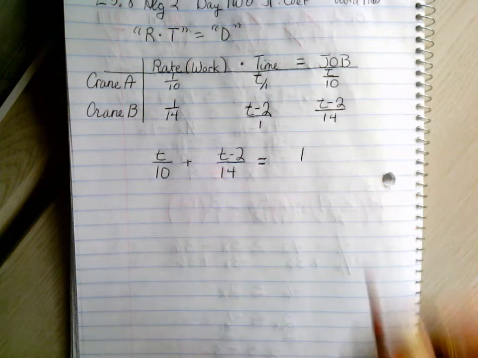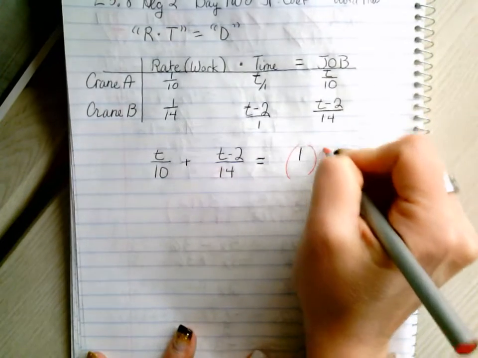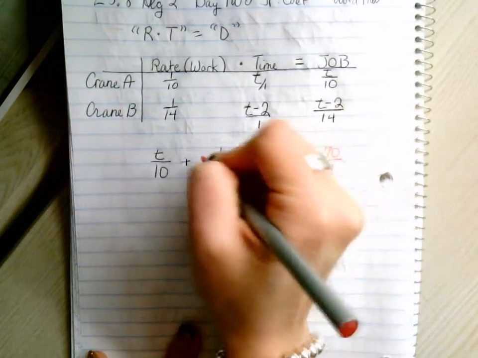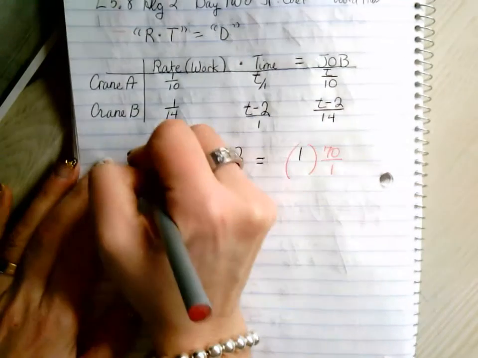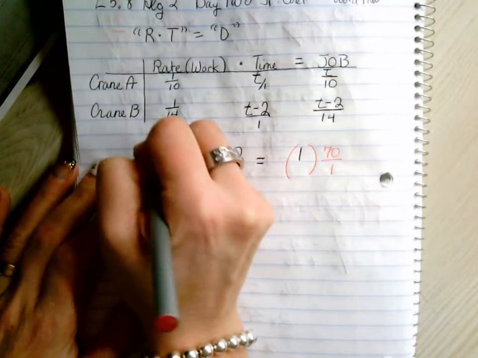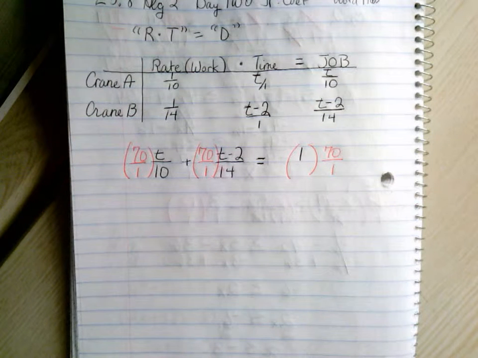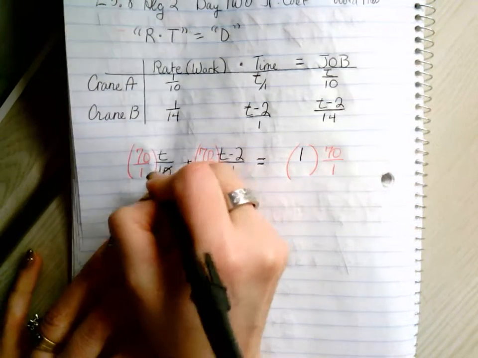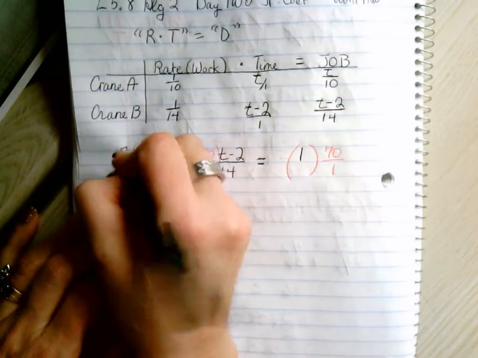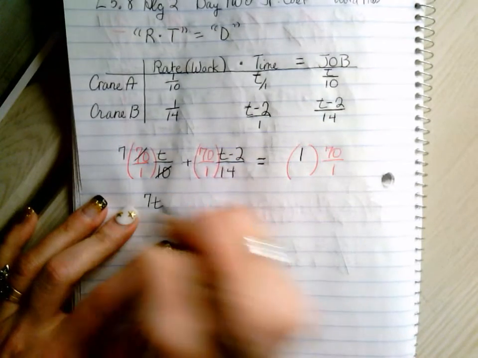What you learned about the other day was to clear the fractions by multiplying everything by the lowest common denominator. The book already tells us it's 70. Easy peasy, right? So when I cross cancel here, I end up with 7t.